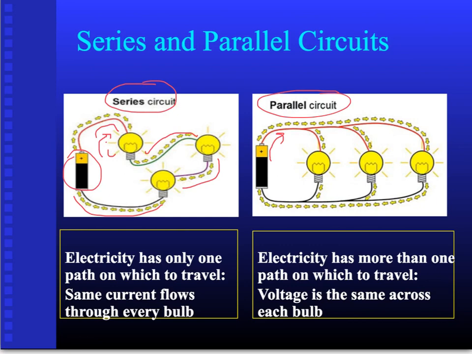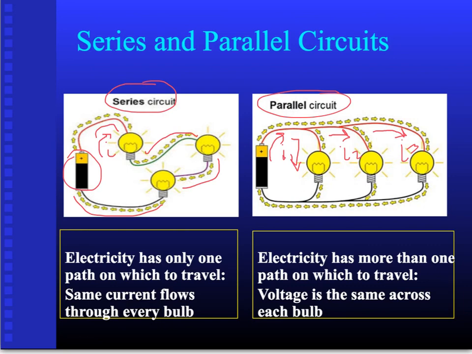It splits up and goes through the first lamp, so that would be I1, and then it comes over to the next connection, and it splits up again and goes through the next lamp, I2, and then the remaining current will go through I3.